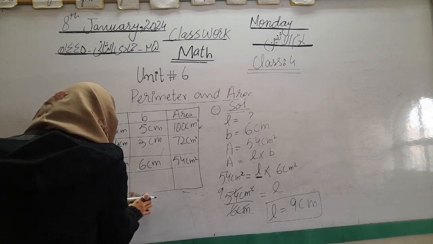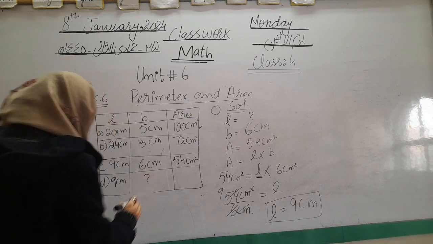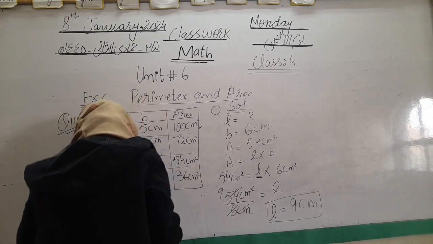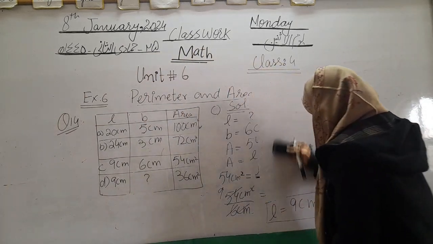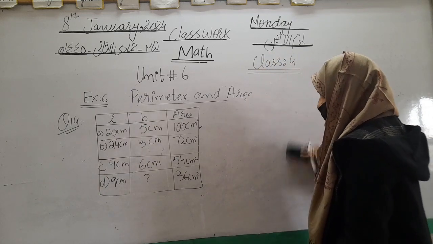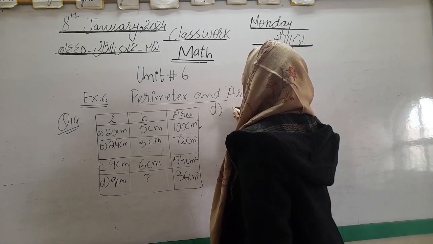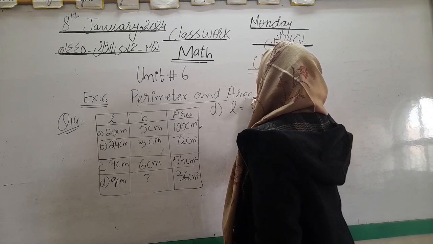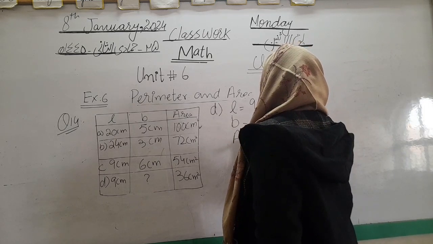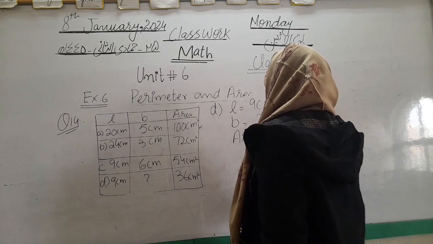Now we have D part. In D part we have 9 centimeter length, the breadth we have to find, and the area is 36 centimeter squared. We will do it the same way as we did in C part.